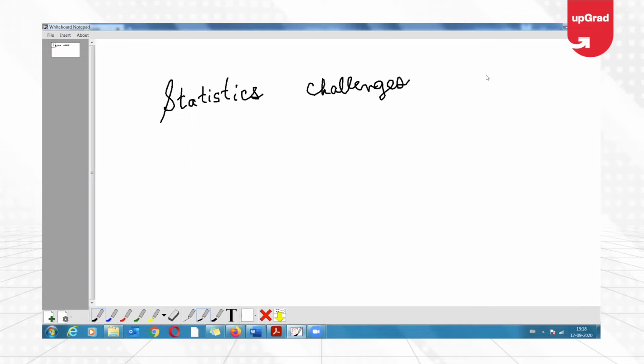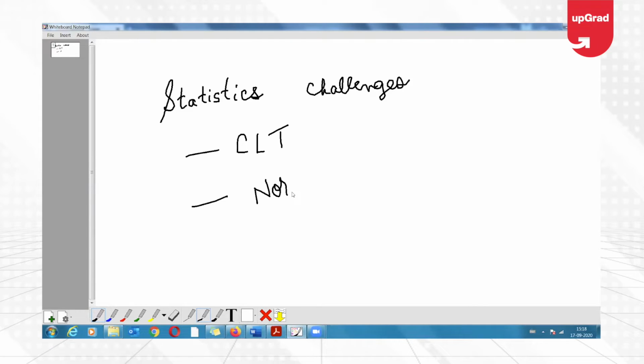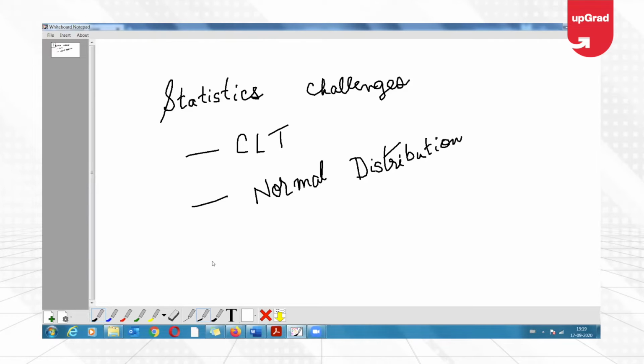So today we will solve statistics challenges using Central Limit Theorem, using the concepts of normal distribution, and using the concepts of hypothesis testing.